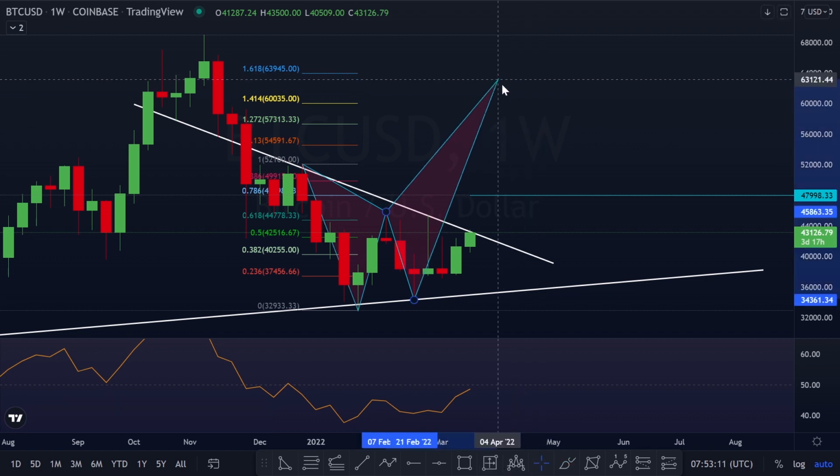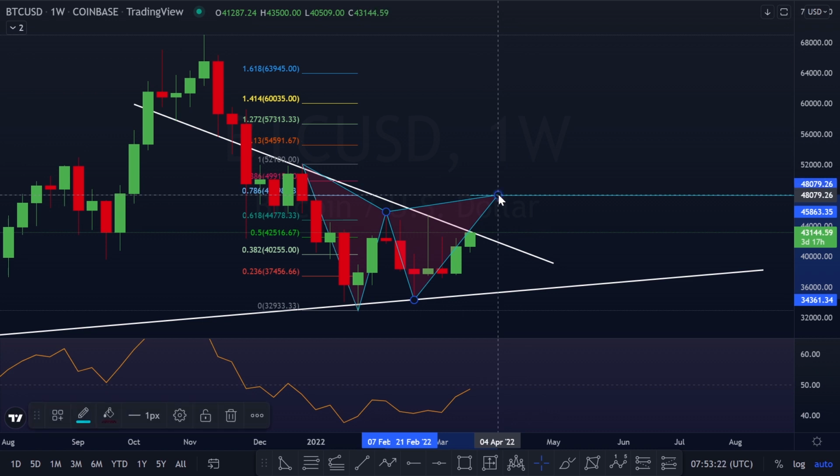But I highly doubt that we can make it past this point, this 0.786, which would make this a Gartley. Why? I'm going to show you why in a couple of minutes, so just stick around.